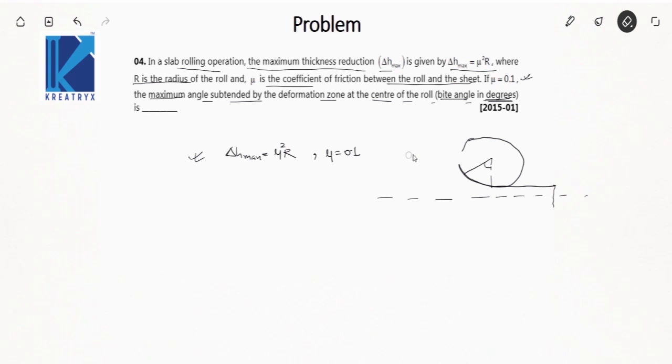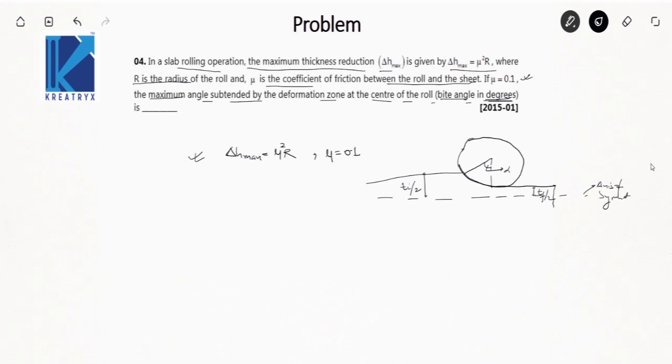It would be from like this. So let us say that this is half the initial thickness, and this is the half final thickness. As I have already mentioned, this is the axis of symmetry, and I have drawn only half portion. So let us say this is alpha.